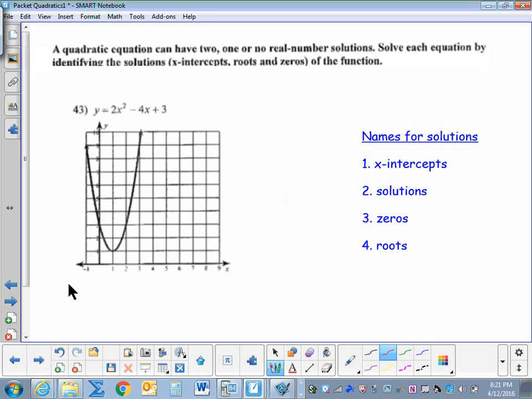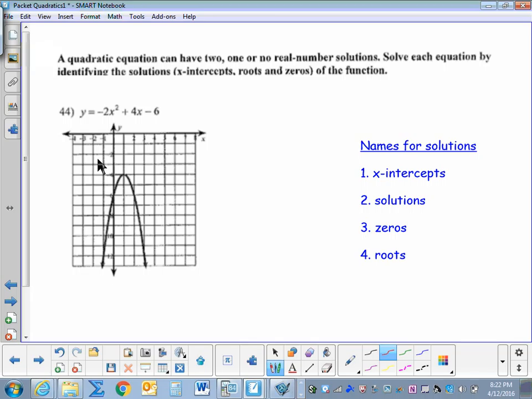Right, number 43. My solutions are the x-intercept. Where is this graph touching the x-axis? It isn't, so there's no solution. Again, where's this graph touching the x-axis? Well, here's the x-axis. It's not touching it, so there's no solution.